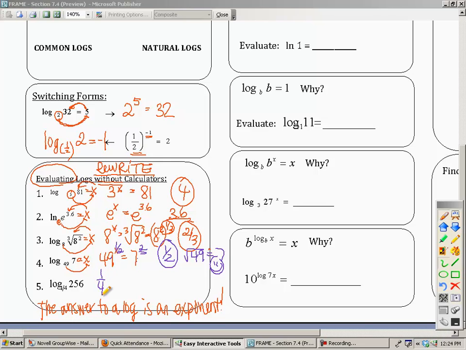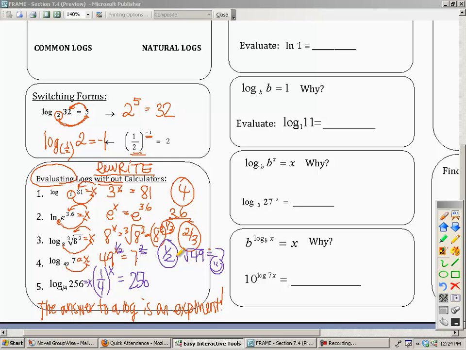1/4, if I set this equal to x, 2 to the x power equals 256. Okay, so our first hint in number 4 was if you start with a bigger number and go to a smaller number, your exponent is going to be a fraction.